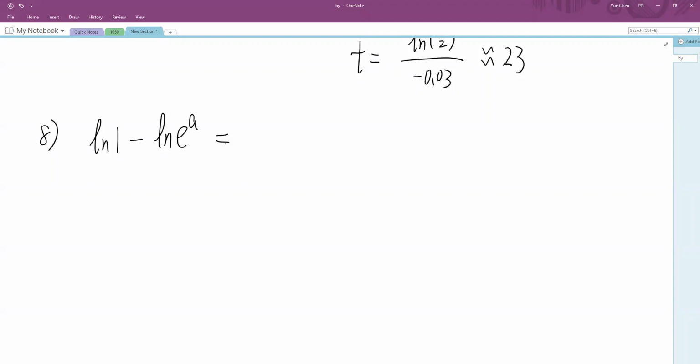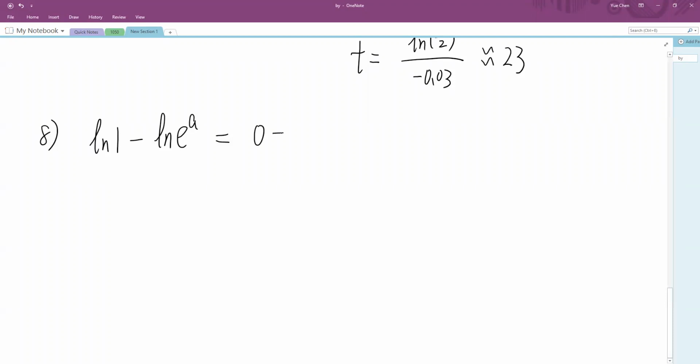0, yes, because all the logarithmic functions go through the point 1, 0. The x-intercept is the point 1, 0. So when x equals 1, the natural log is always 0. This is a very special value you should memorize.